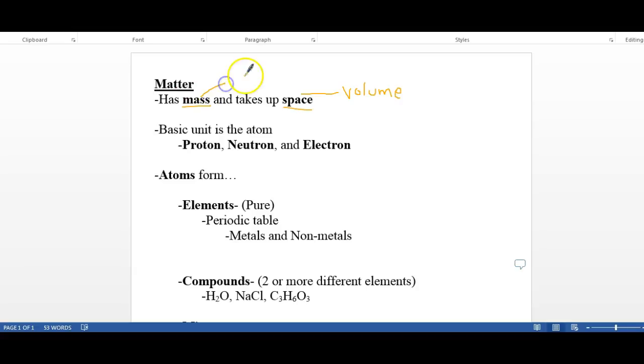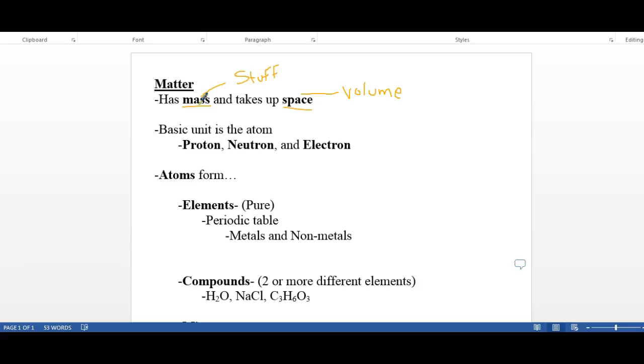It has stuff, sometimes they call it. And these two are the important parts that anything has to have in order to be considered matter. It has to take up some space, some volume, and then it has to have mass. And again, that mass is just atoms and such.